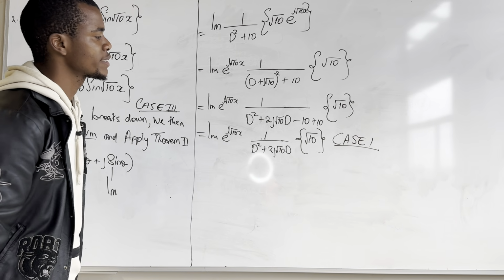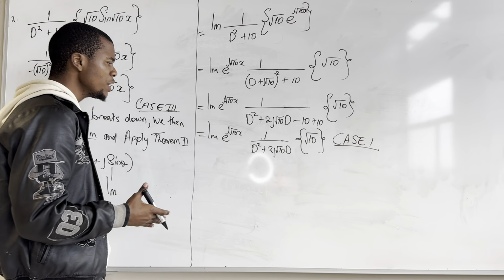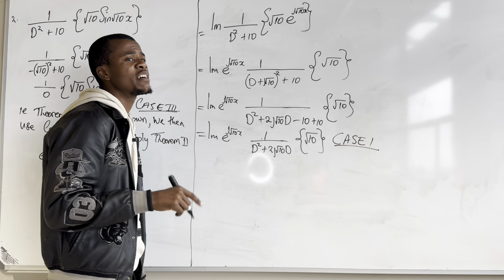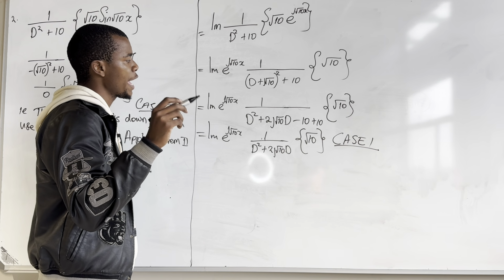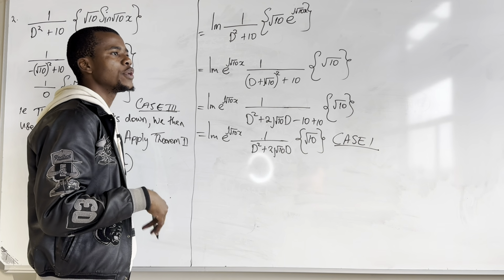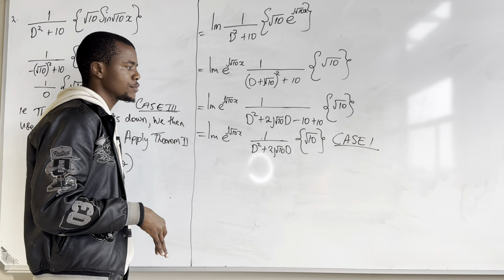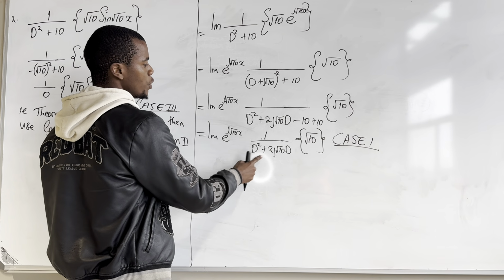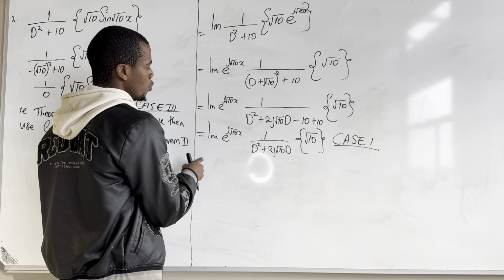So what does case number 1 say? Case number 1 says, if you have a constant, you introduce the factor of e to the power of 0x, and then you apply theorem 1. So that is what we are going to do. But before we apply that, we need to take out this d and put it aside.